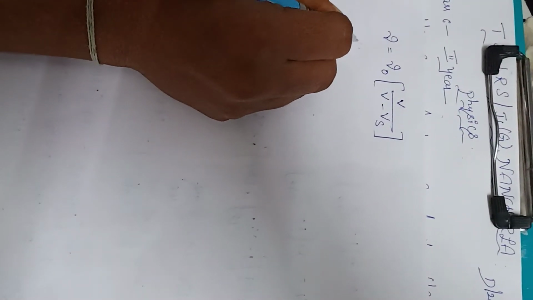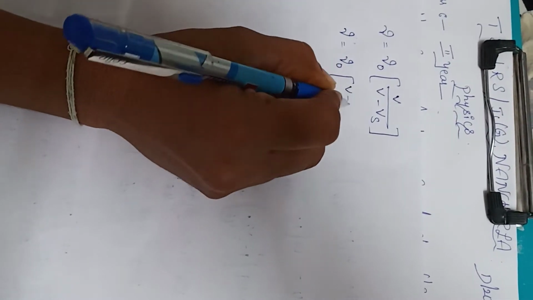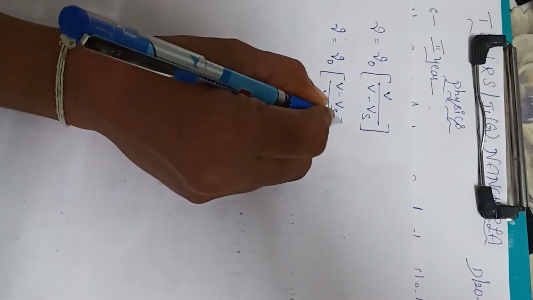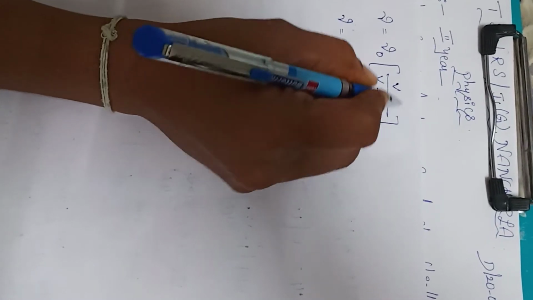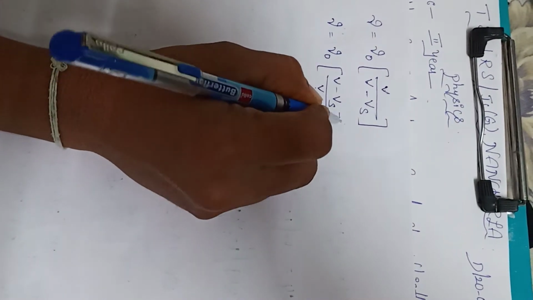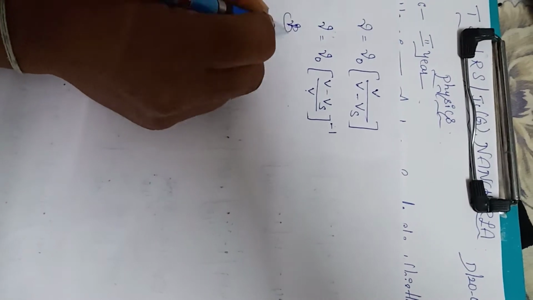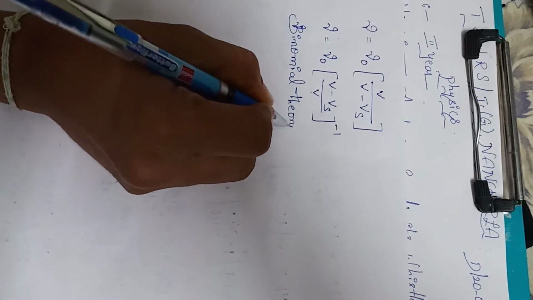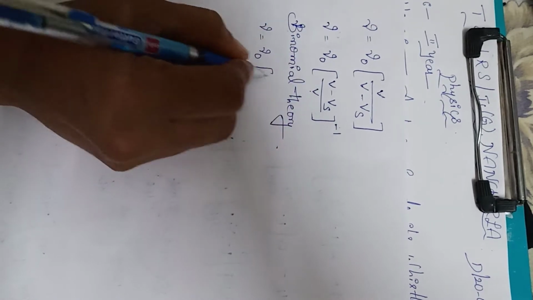Now we get nu equals nu naught into, by the mathematics law, we can change this v minus vs: we can take it to the upside, and v is given downside. Now we are using the binomial theory. So nu equals nu naught into 1 by 1 minus vs by v.